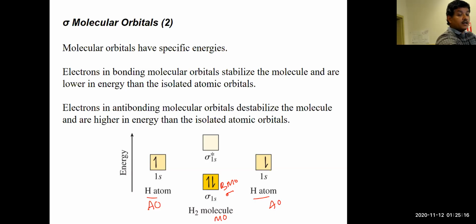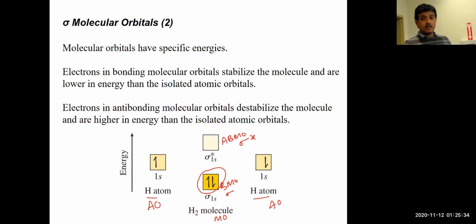The one that is higher in energy than the atomic orbitals is the antibonding molecular orbital, labeled sigma star. Right? So how many electrons do you have? In total, you have two electrons, and you start filling them in here. So you have two electrons in the bonding molecular orbital for hydrogen.